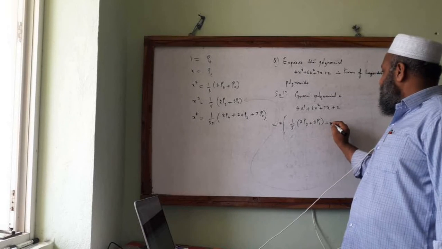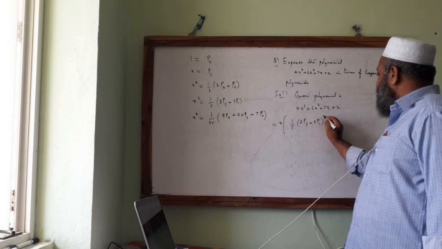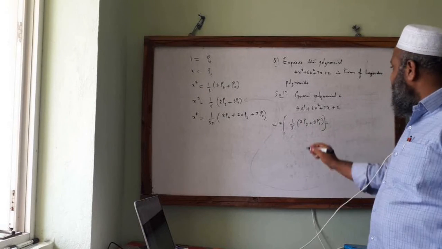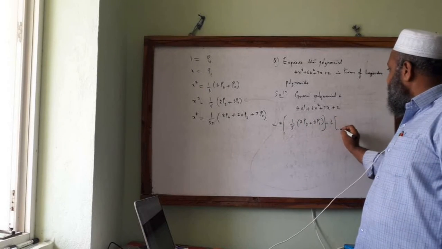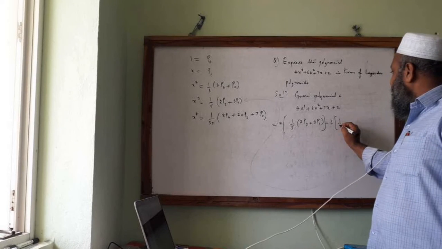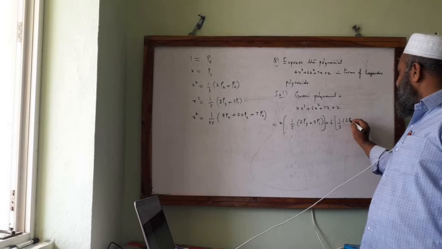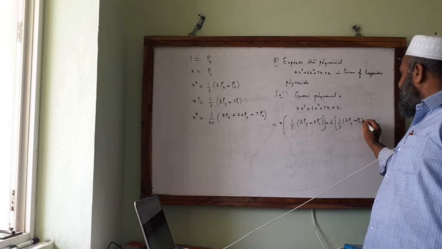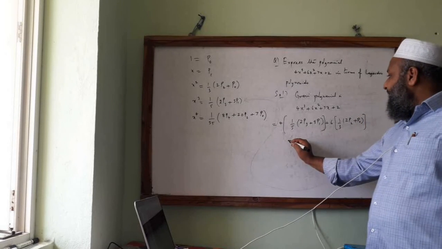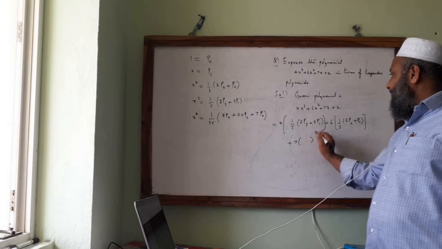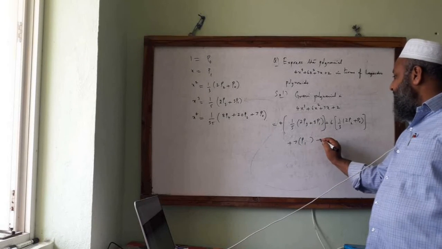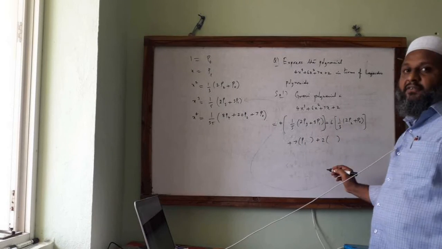Next this complete expression is to be multiplied with 4 for 4x cube. Next, 6 times x square, where x square is 1 by 3 times of 2p2 plus p0. Now it is 7 times x, where x is nothing but p1, and 2 times p0.